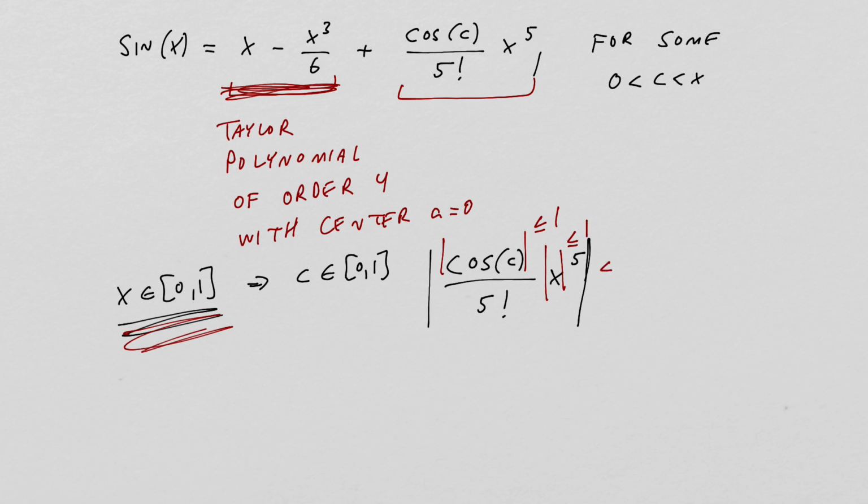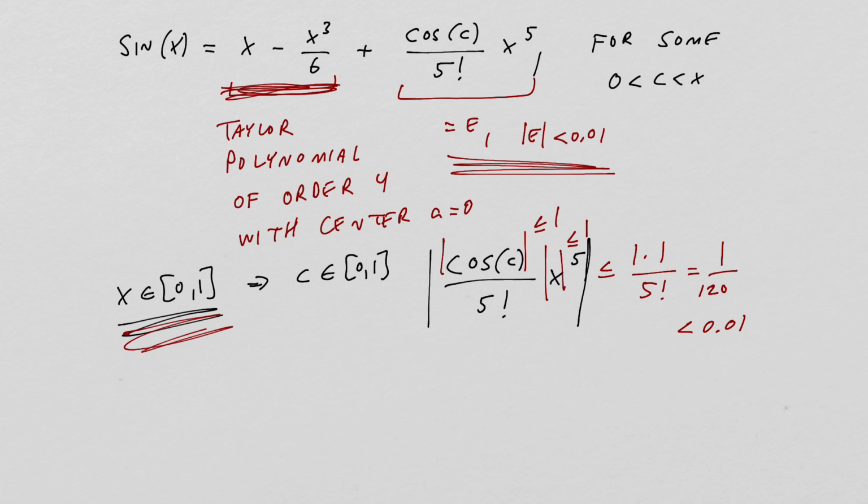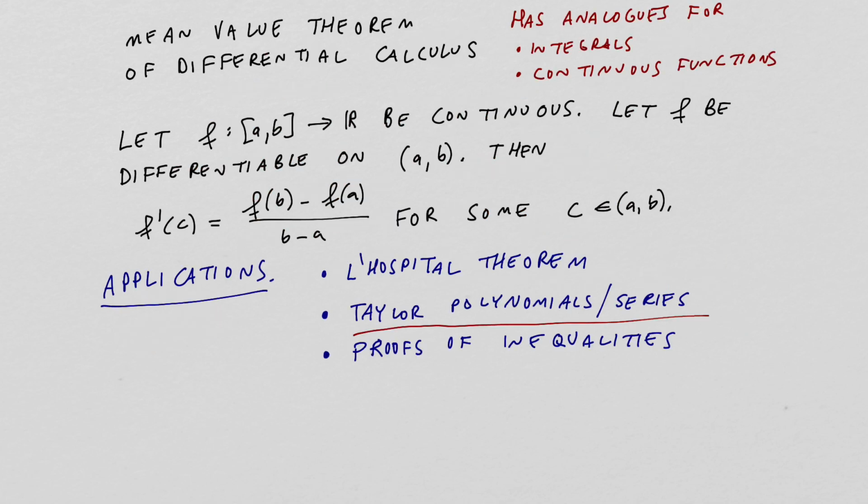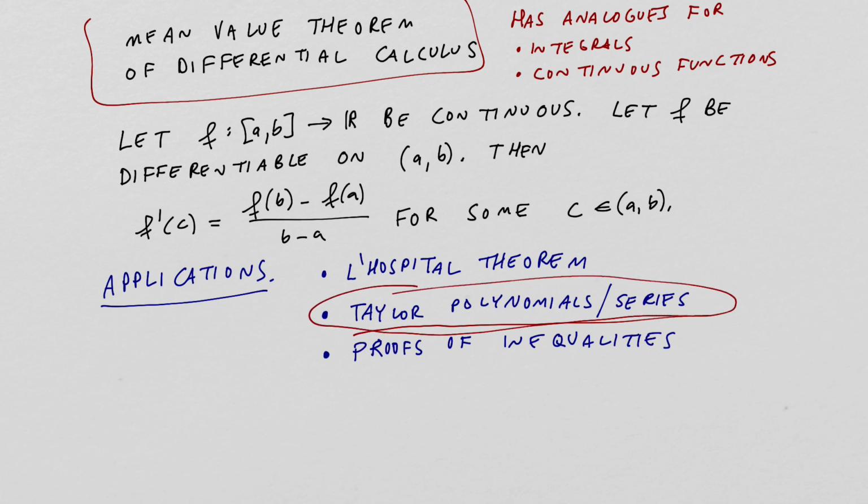So we will have something which is less than 1 times 1 divided by the factorial of 5. It will give 1 divided by 120. Well, that's less than 0.01. So here is one approximation for the error. We studied the mean value theorem of differential calculus, and from this theorem we found, for example, this example, how to get Taylor polynomials.